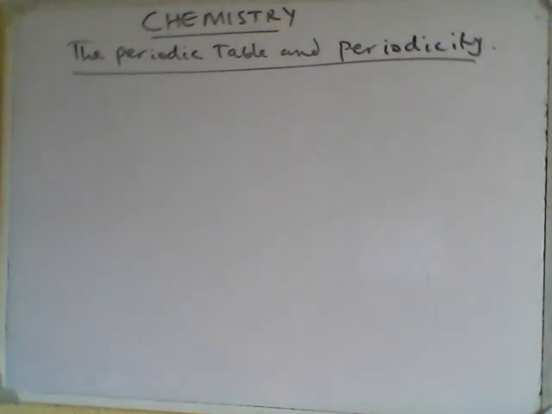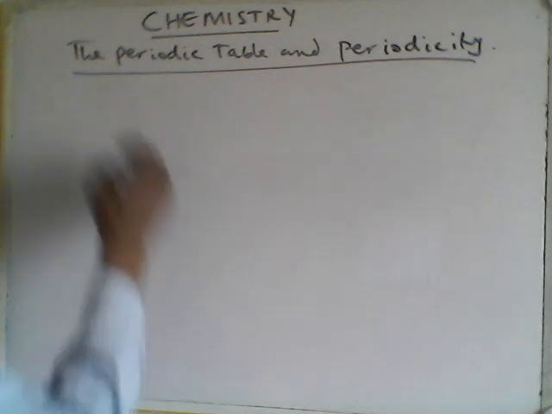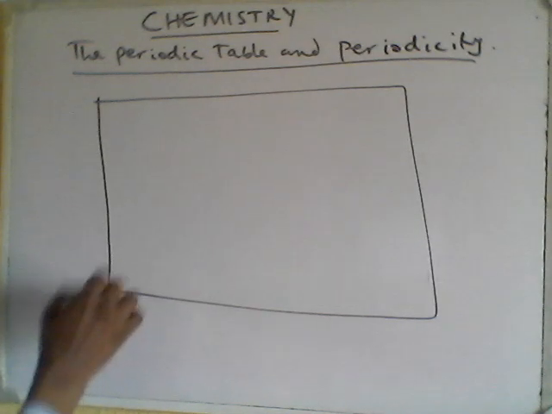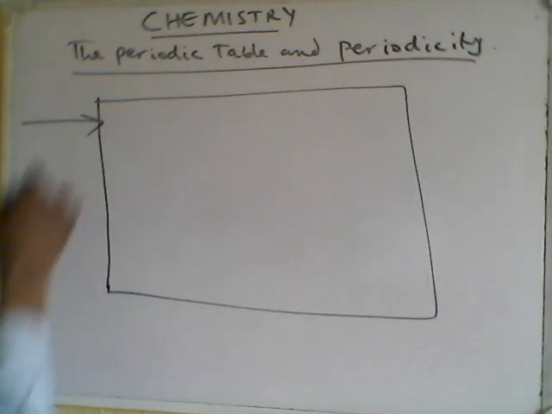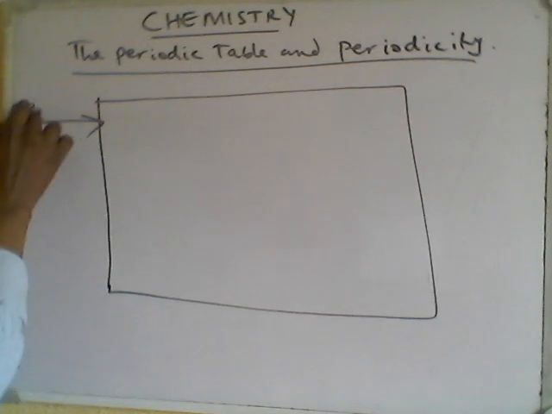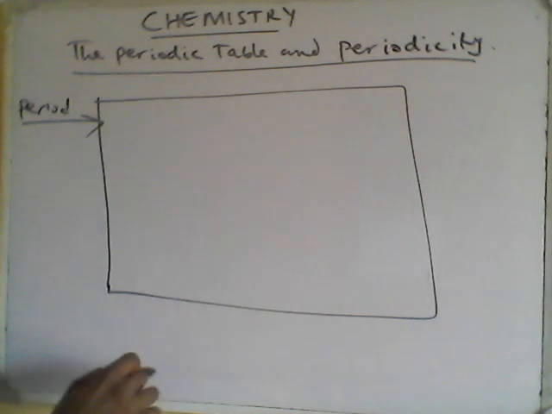So you have a table like this. I'm just going to draw a table like this. The horizontal is the period, and the vertical is the group.